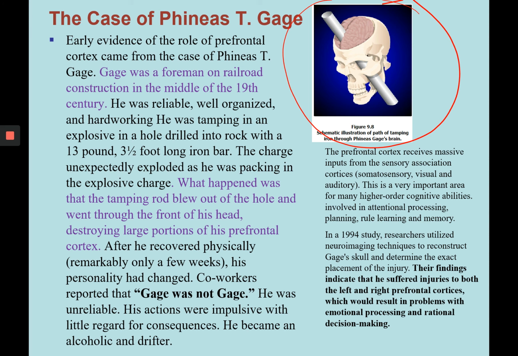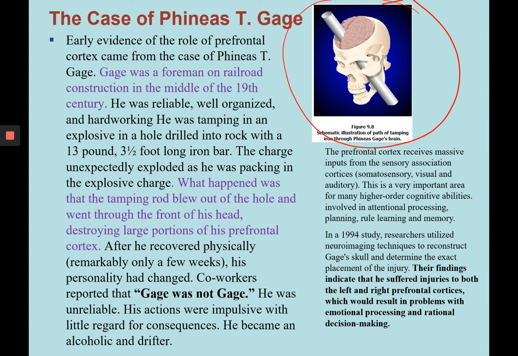And not much is known after he became an alcoholic and drifter, but the personality change kind of gave scientists a lot of information about what that part of the brain must do. So we know that the prefrontal cortex receives massive inputs from sensory association cortices, areas that are general somatosensory, ones that are auditory, even visual. And this is really important as an area for higher order cognitive abilities, especially for personality, but also learning, memory, planning, attentional processing.